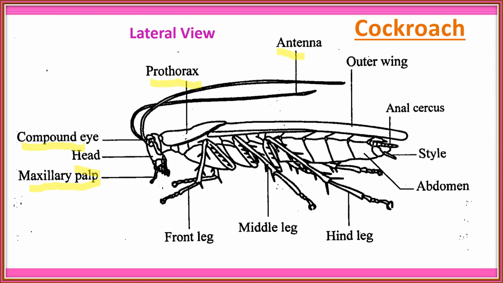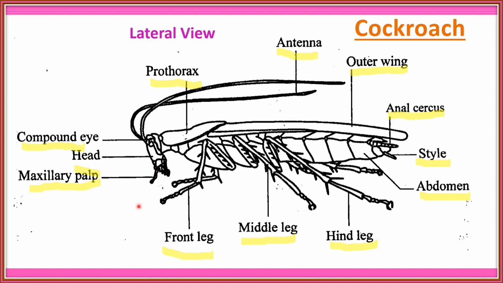These are the antennas. We have the outer wing, anus, cerci. We have the style, the abdomen. We have the hind legs, the middle legs, and then the front legs. Those are the different parts of the cockroach.